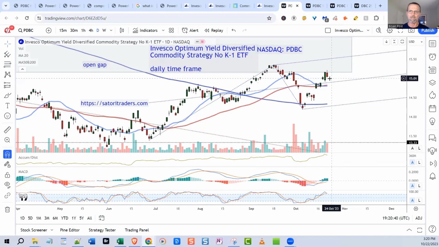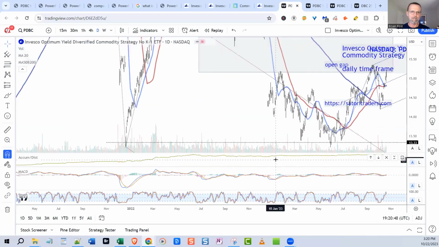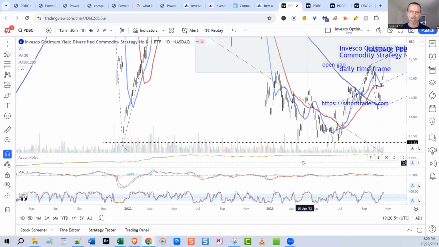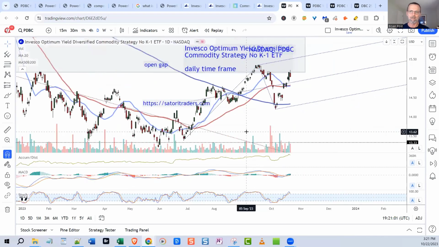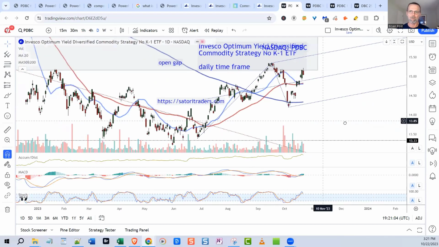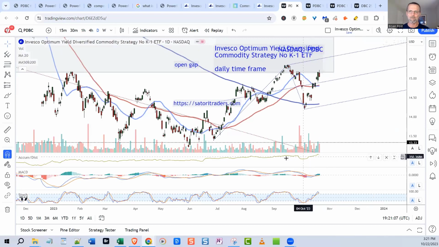This is the accumulation distribution indicator, and what it shows us is whether investors are accumulating or distributing, divesting themselves of the particular vehicle we're looking at. In this case, we can see that investors are holding, and perhaps in recent weeks actually accumulating, adding to their positions in this particular ETF.